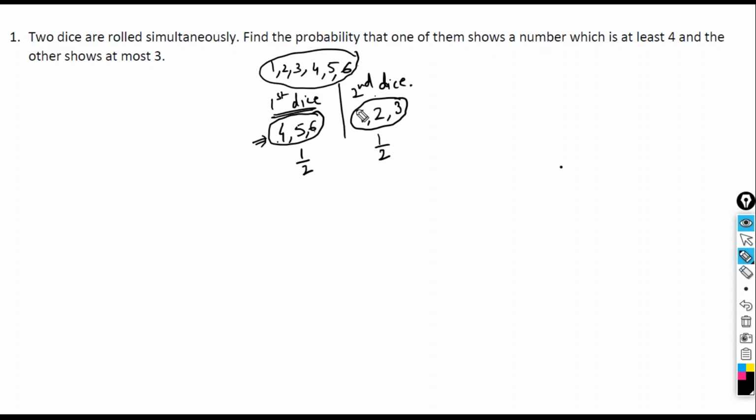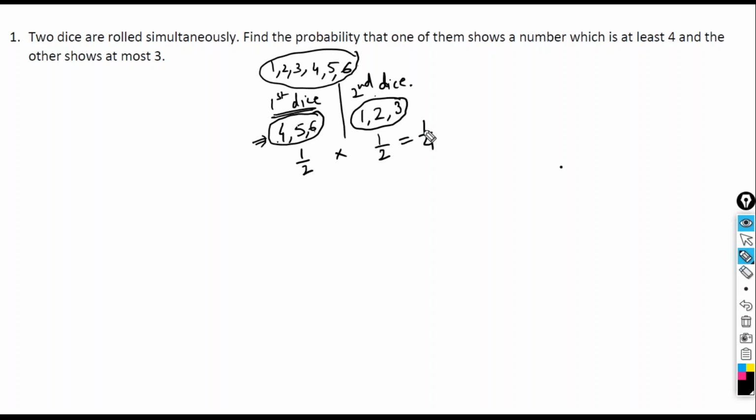So to compute the overall probability, my answer is going to be 1 by 2 into 1 by 2, which comes out to be 1 by 4. So 1 by 4 is the probability such that one dice shows a number which is at least 4 and the other shows at most 3.